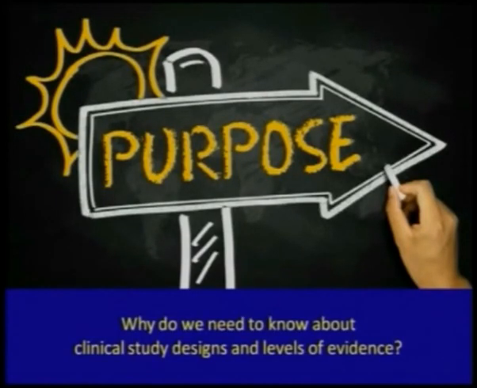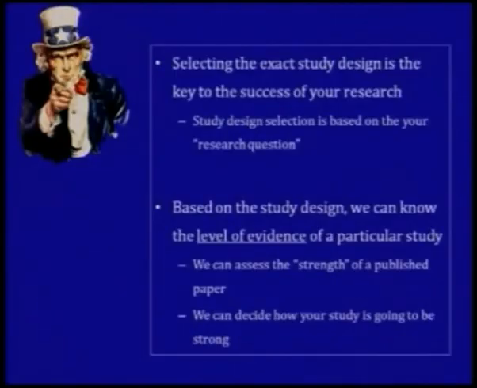So why do we need to know about clinical study design and levels of evidence? Selecting the exact study design is the key to the success of your research. The study design selection is based on your research question. From the study design, we can know the level of evidence of a particular study.